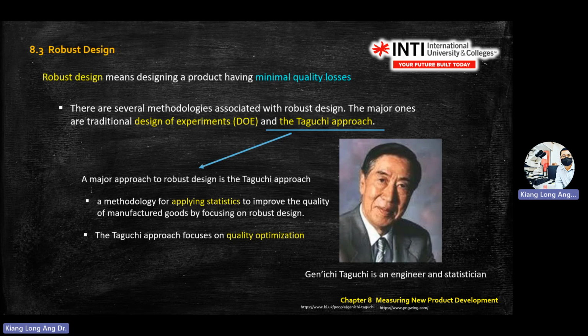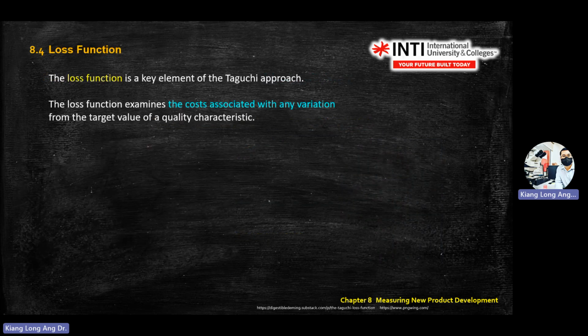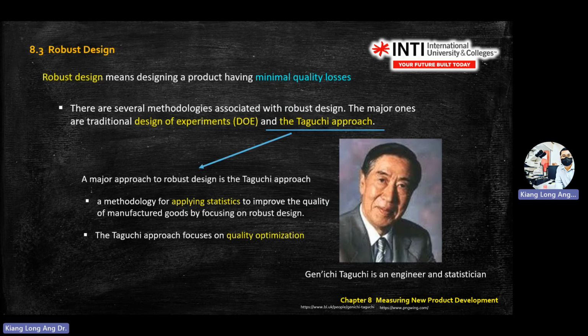Taguchi, the main word here is optimization. You want to optimize the quality. Okay. We won't go deep into how to do Taguchi, but the general idea, Taguchi is for optimization. Right. You know what is optimization, right? For example, for structures, you use honeycomb structure and so on. Okay.